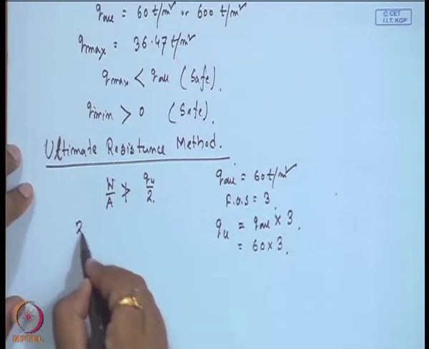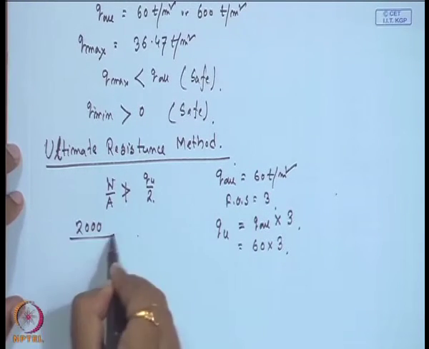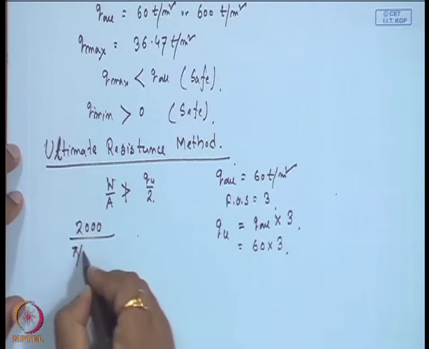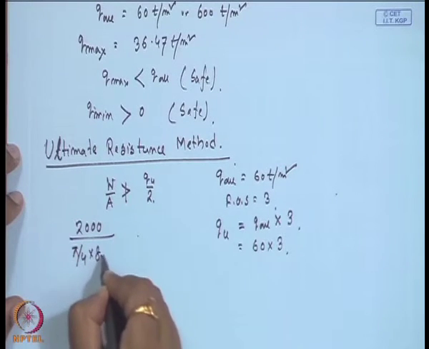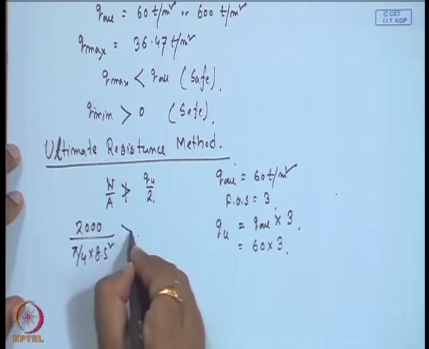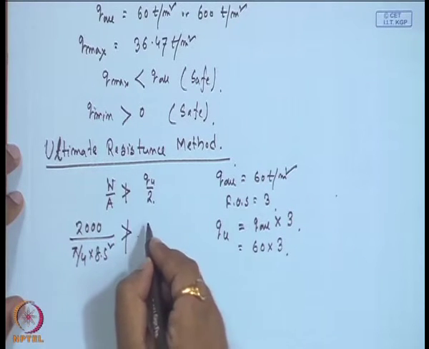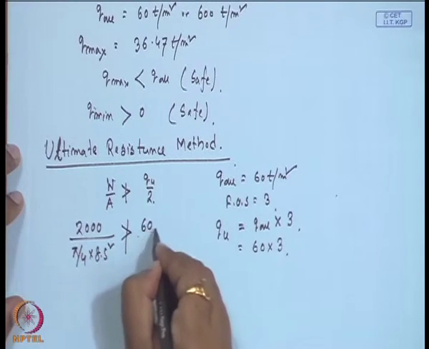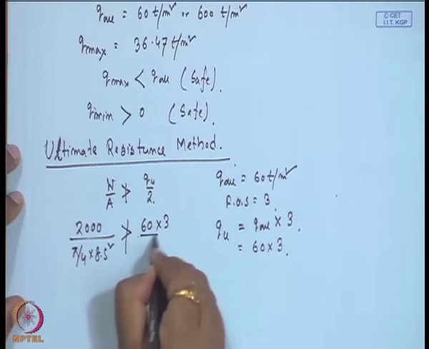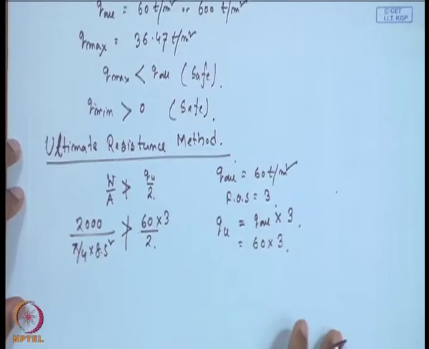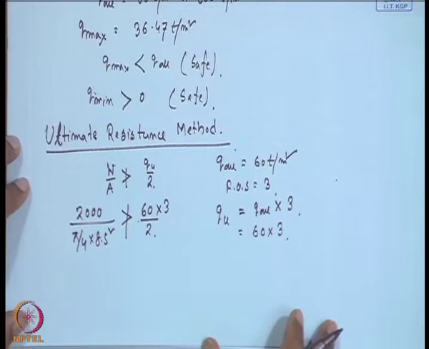Now we can calculate that W is 2000, the area of the base is pi by 4 into 8.5 square, that should not be greater than 60 into 3 divided by 2.